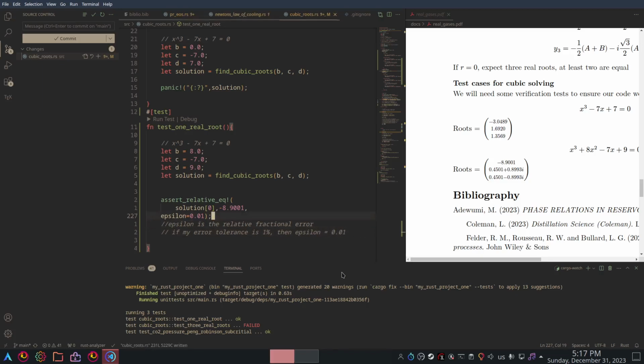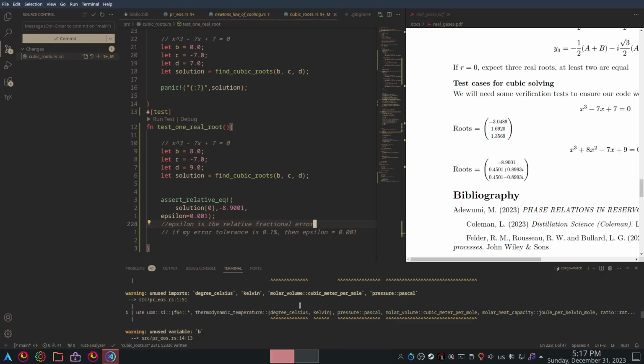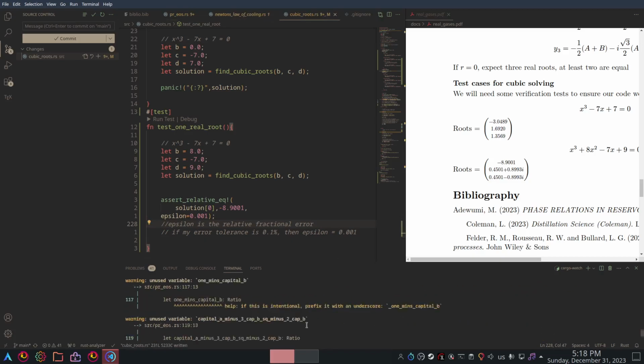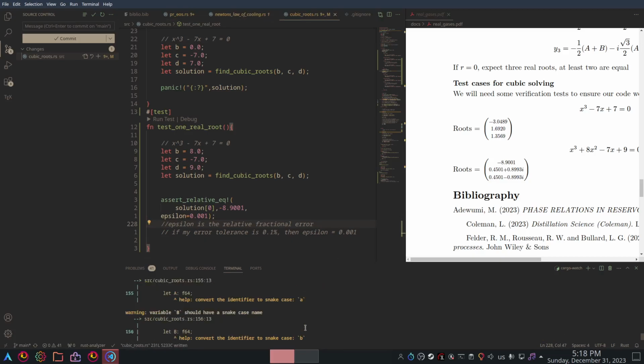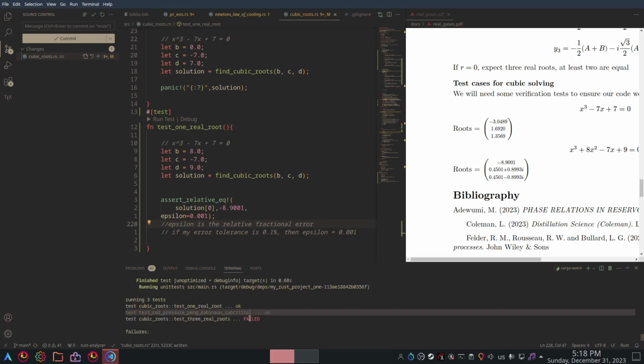I hope you get what I'm saying. So let's say I want 0.1%, then I can just use epsilon equals 0.001. So this is equivalent to an error tolerance of 0.1%. Let's just say this is satisfactory for this code. Now you can see over here that the one railroad test has passed.